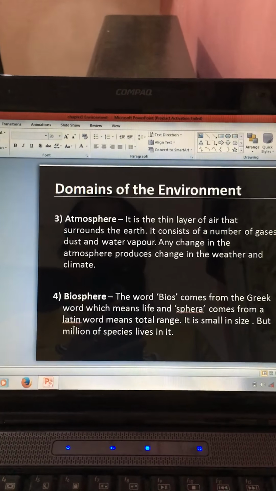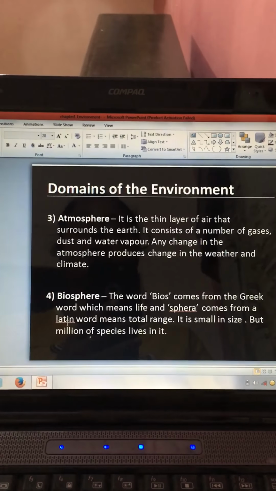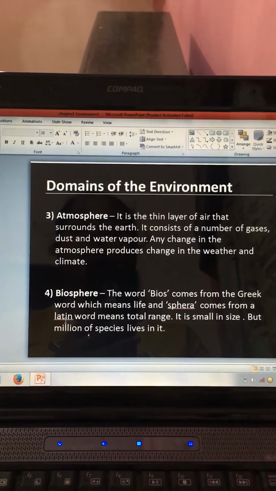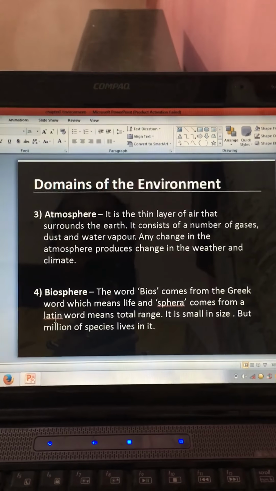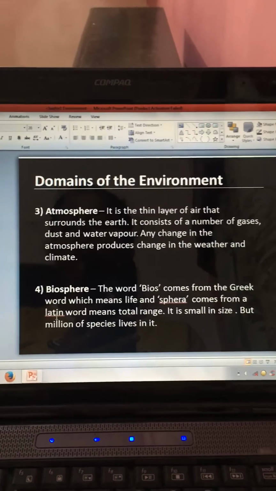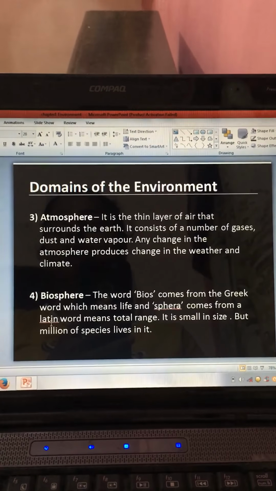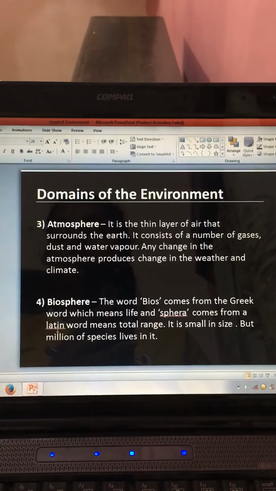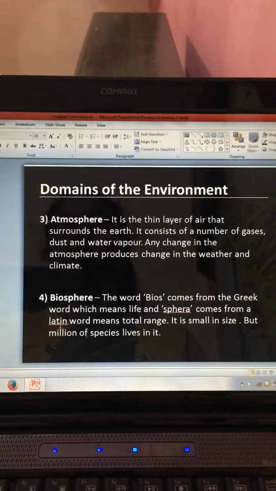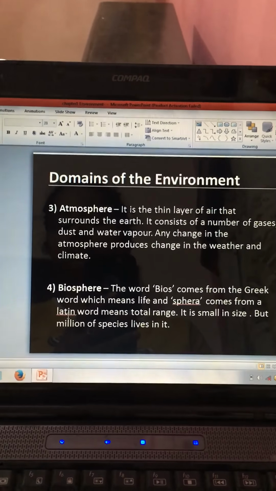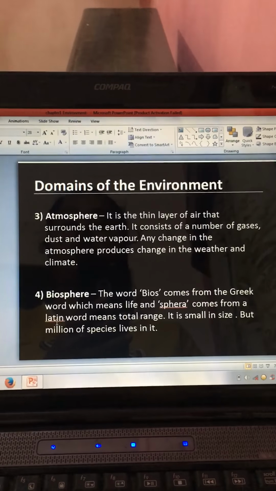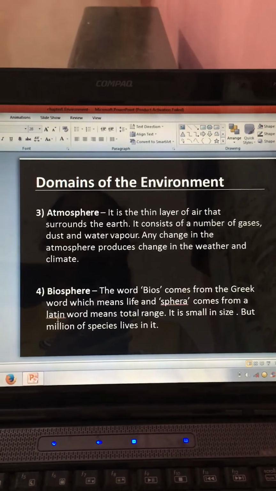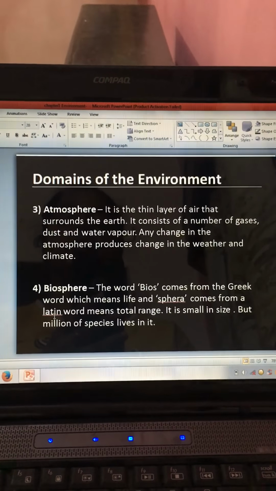Moving forward, another domain is atmosphere. It is the thin layer of air that surrounds the earth, or we can say an envelope of air which surrounds the earth is called atmosphere. It consists of a number of gases, dust, and water vapors.